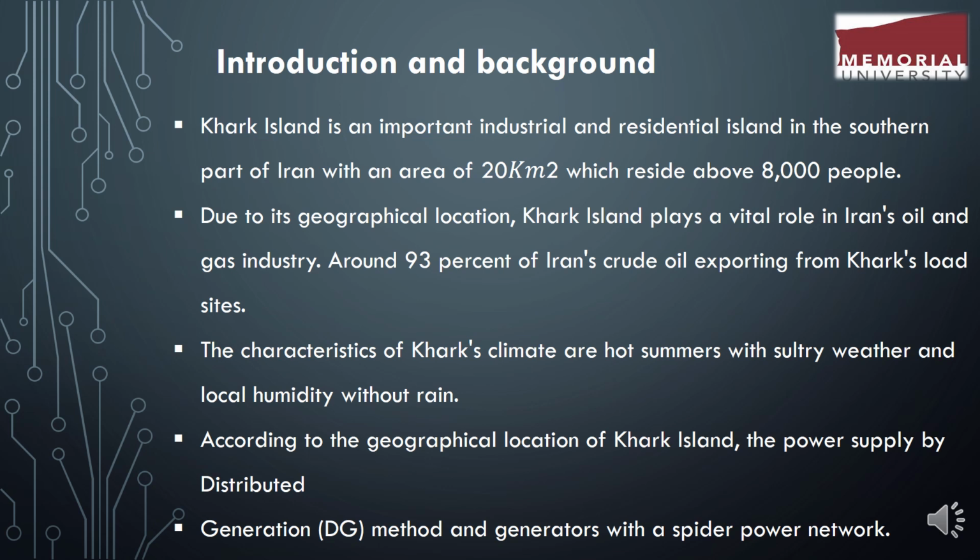We will design an analysis for the first part, power sources and consumption, in this project. According to information collected from Bushehr Electricity Distribution Company, the first part is supplied through two power plants.